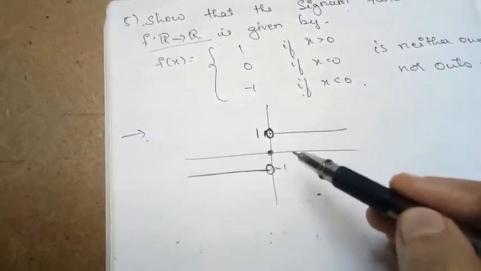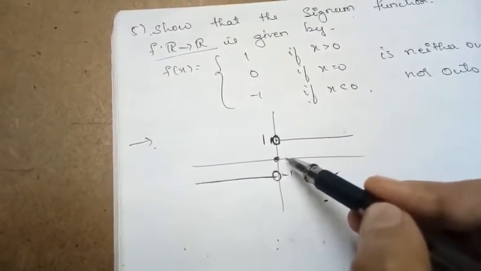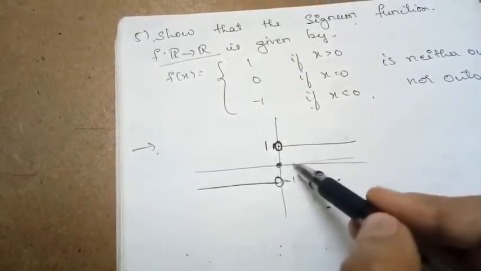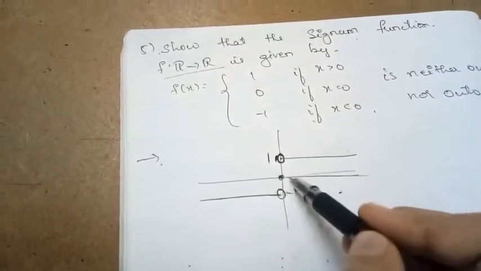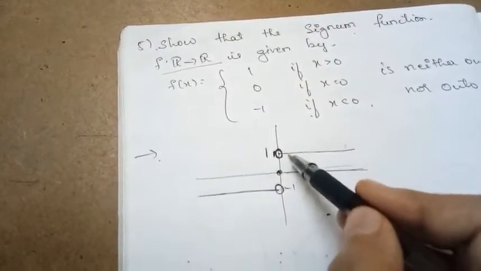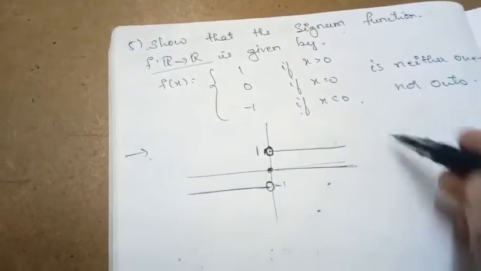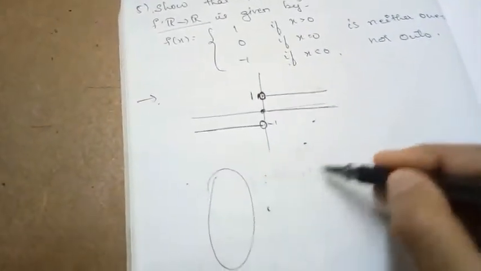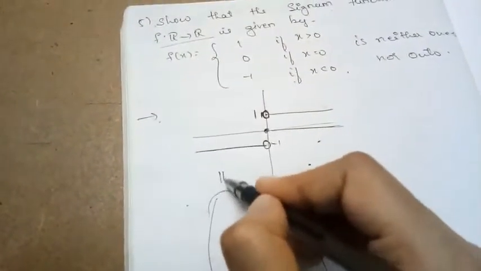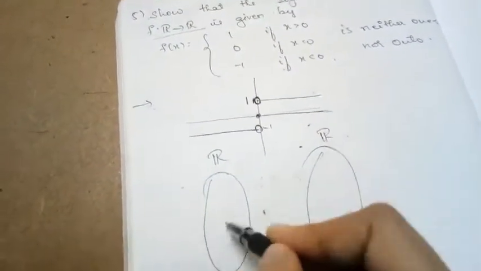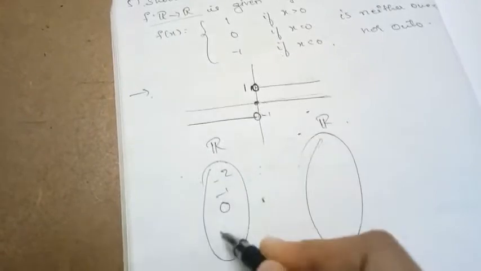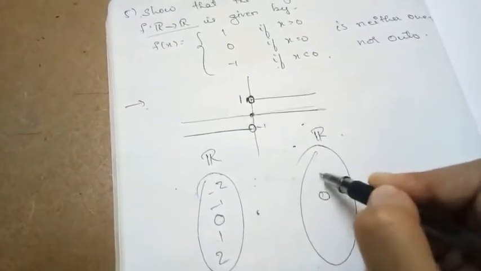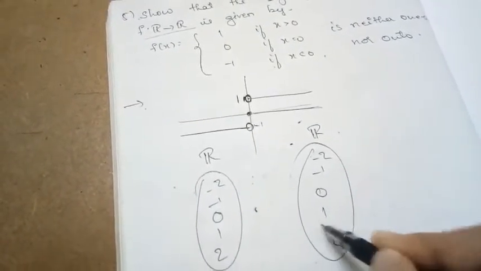Why? You can see here that for all x greater than 0, we are going to get the value 1 itself. Suppose I write the mapping of this function, with the set of real numbers on both sides: 0, minus 1, minus 2, 1, 2, 1.5.